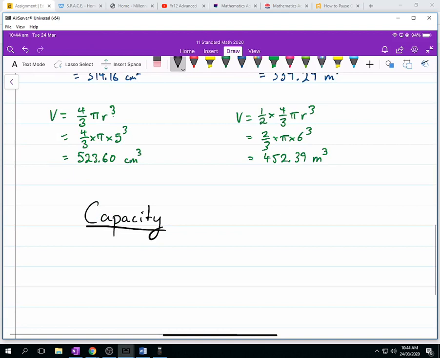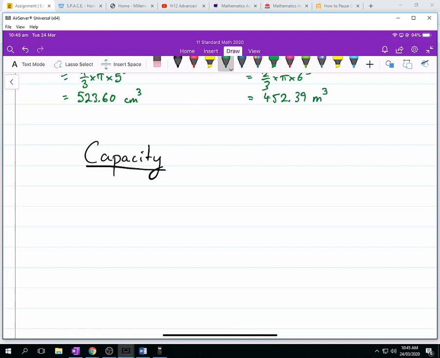If you are dealing with units of meters, you end up with a volume of cubic meters, and we have a direct conversion: a cubic meter, 1 meter by 1 meter by 1 meter, holds 1 kiloliter of water.